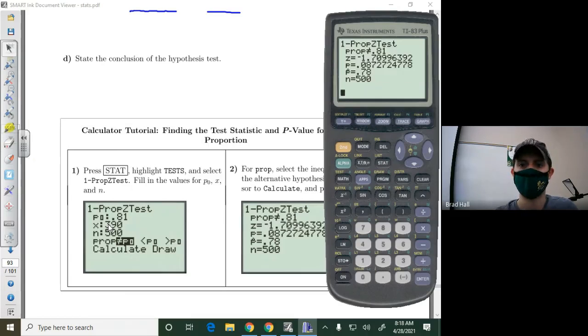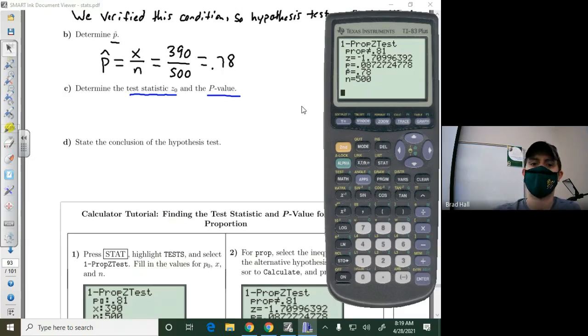So calculate. And notice they give us a z value, the negative 1.7, all that stuff, and a p-value, the 0.08, all of that stuff. And then they verify the fact that we have a 2-tail, and they show us the point estimate, really the sample proportion, the 0.78 and 500.